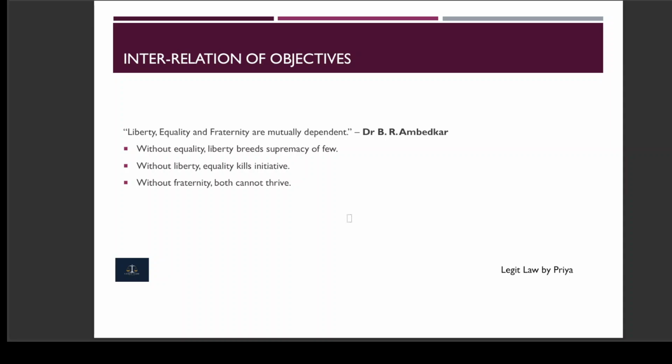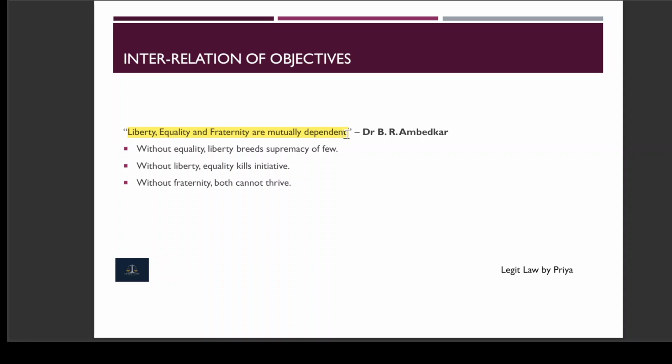So let's see the interrelationship of the objectives. Dr. B.R. Ambedkar says that liberty, equality, and fraternity are mutually dependent. They are interdependent. Without equality, liberty would be dominated by a few, which means if there is no equality, liberty will be practiced only by a few dominant people.